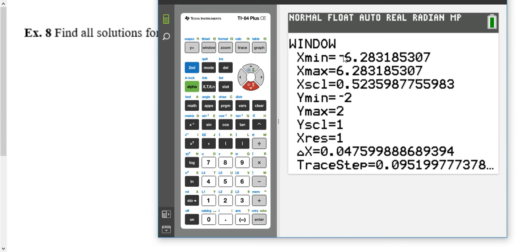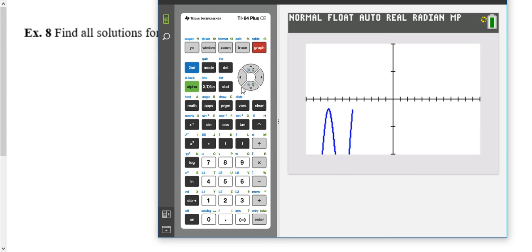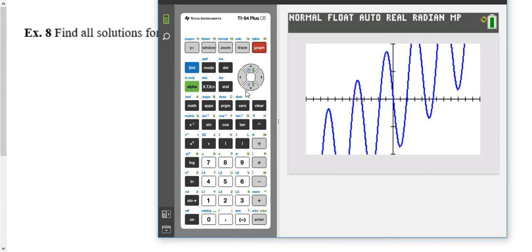So my window setting, this is what it is. And here is my graph. There you go. You kind of see why I made my window a bit bigger, because now I can see all my solutions. I have 2 here, 2 right here, 2 right here. So I got 1, 2, 3, 4, 5, 6, 7 solutions in total that I want to write down.